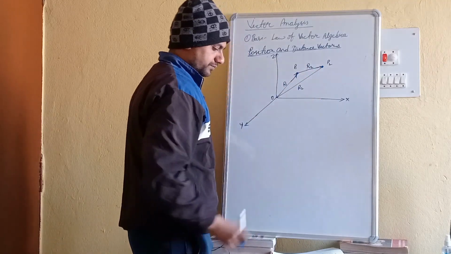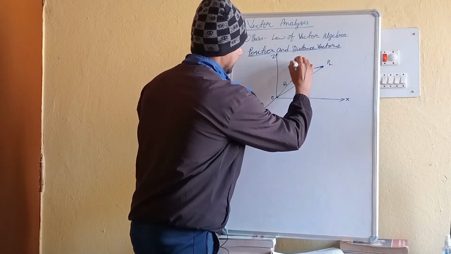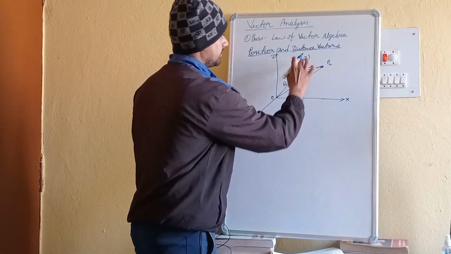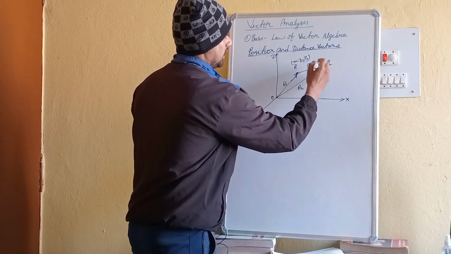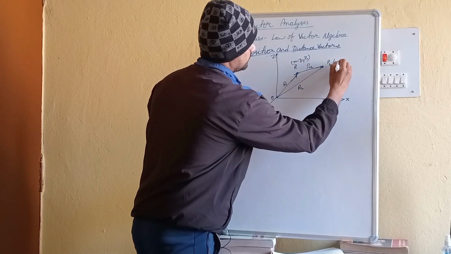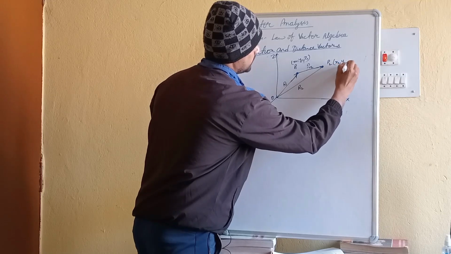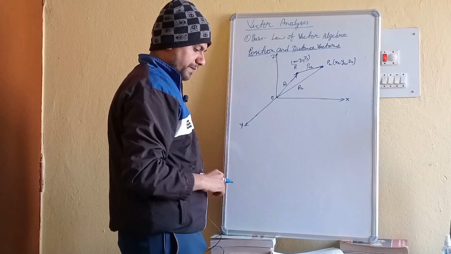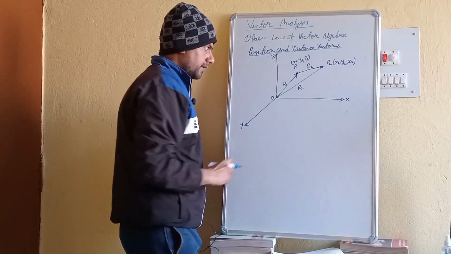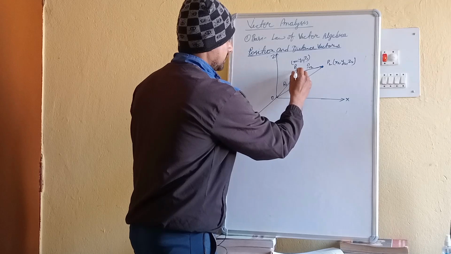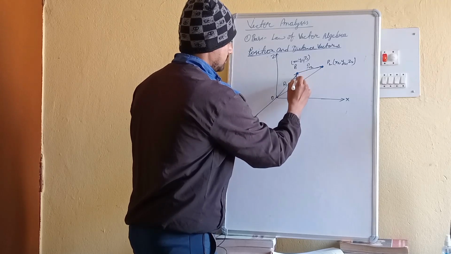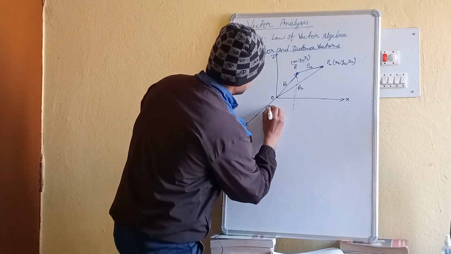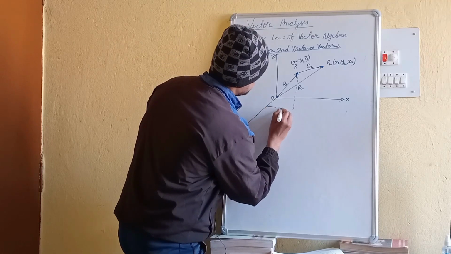The coordinates of P1 I can write as x1, y1, and z1, and in the same way the coordinates of P2 are x2, y2, and z2. Now you see how we are getting this. Simply, if you draw a projection on the xy plane, then you will get the values just like here.